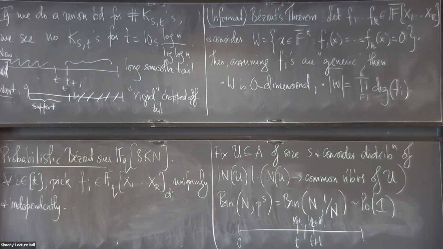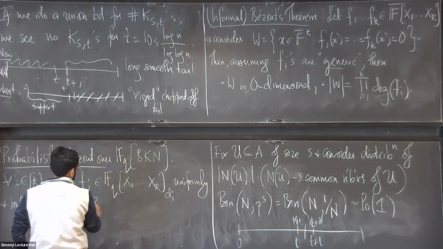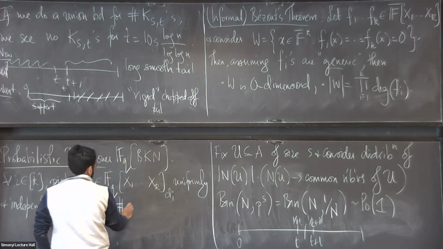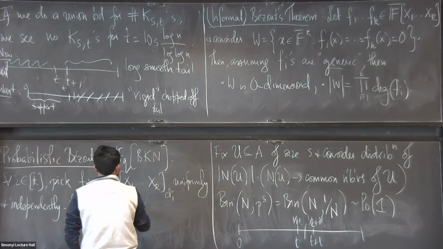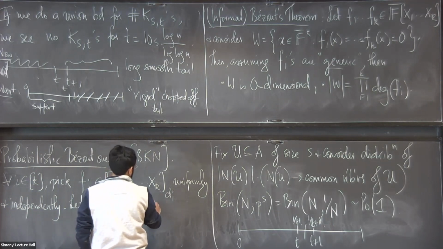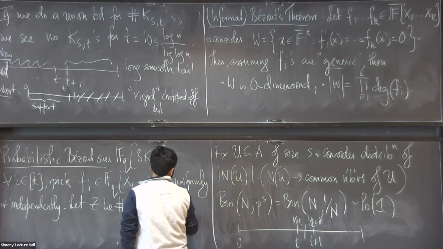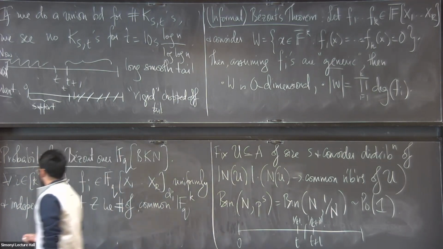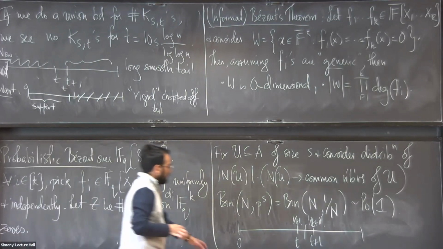And let's write Z for the shared zeros in F_q^k, not in the closure, the number of distinct zeros.